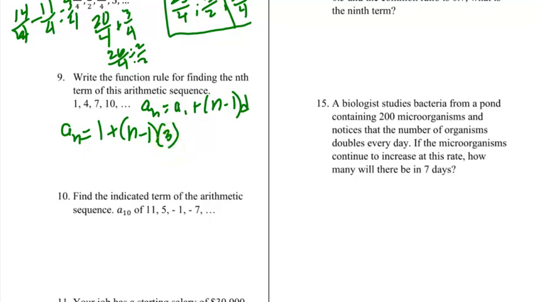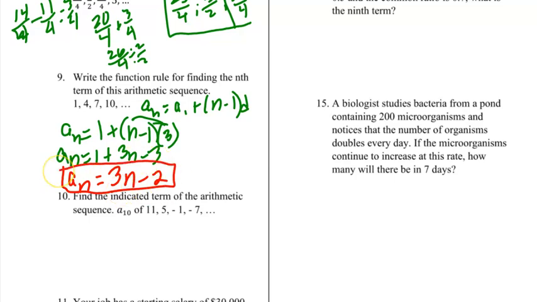I don't want to leave my equation like this, so I'm going to distribute the 3. This is going to be a subscript n equals 1 plus 3n minus 3. Then I can simplify that, and my formula would be a subscript n equals 3n minus 2.